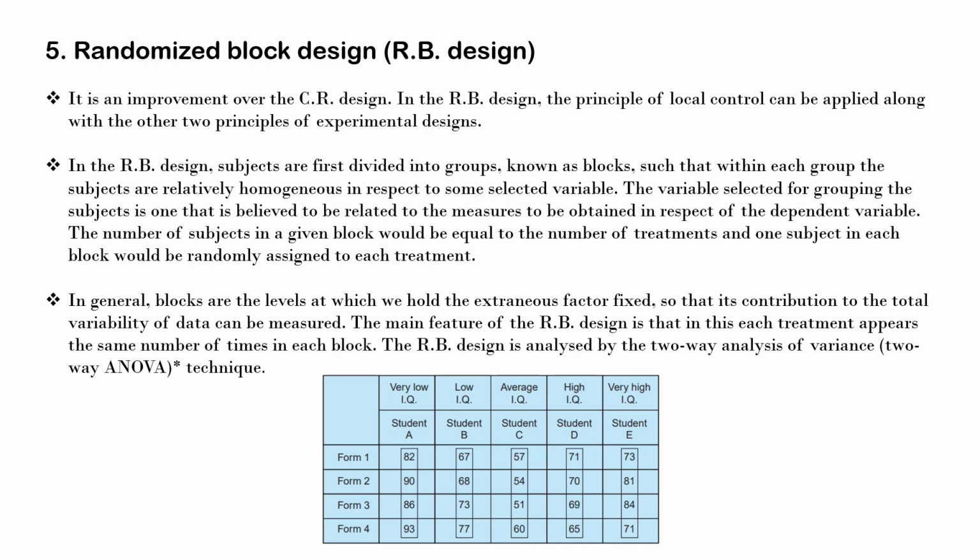Here we divide the subjects into groups known as blocks, and within each group the subjects are distributed homogeneously, and we take some variable as a measure so that we can divide the subjects homogeneously. The number of subjects in the block would be equal to the number of treatments, and one subject in each block would be randomly assigned to each treatment.